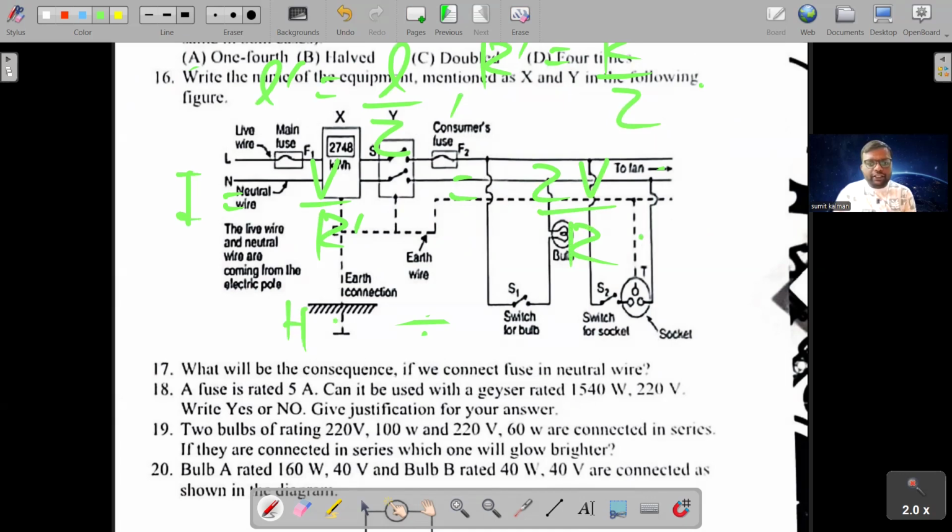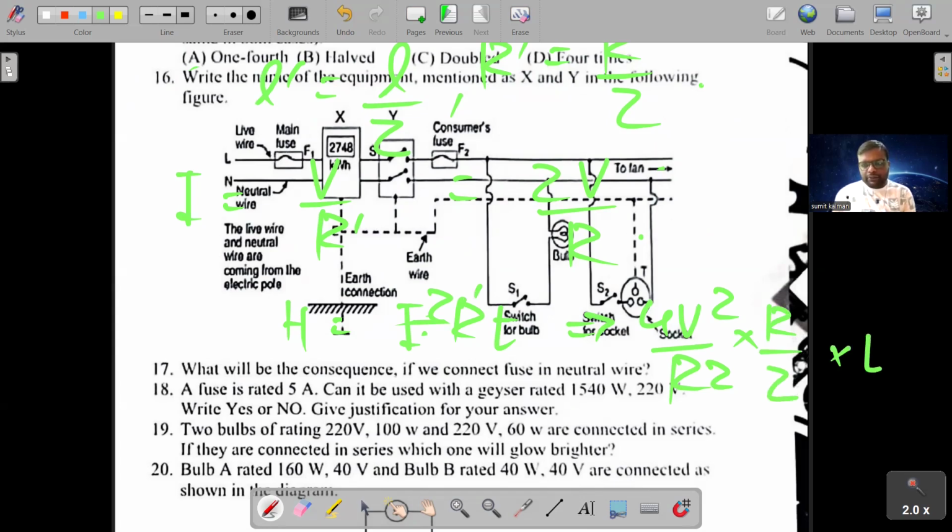And what is the heating effect? H is equal to I square R T. So here, the current squared will become 4 V square by R square, and the resistance has become R by 2, and time is the same as it is.